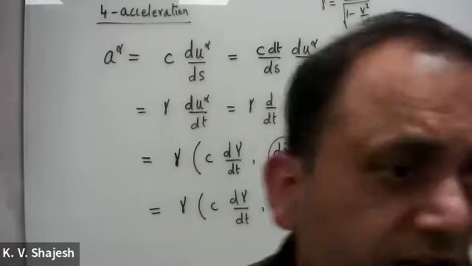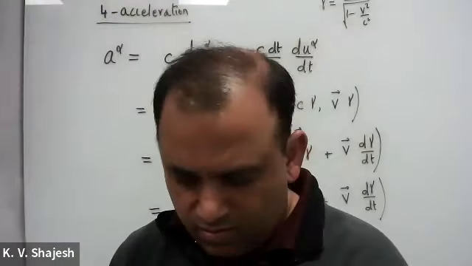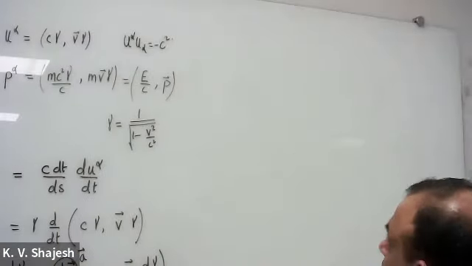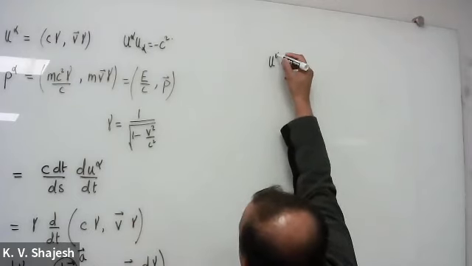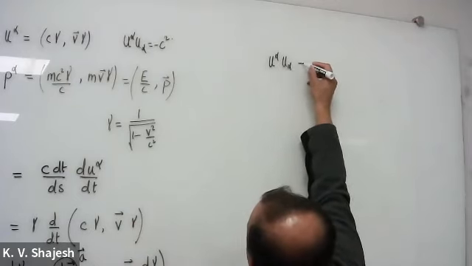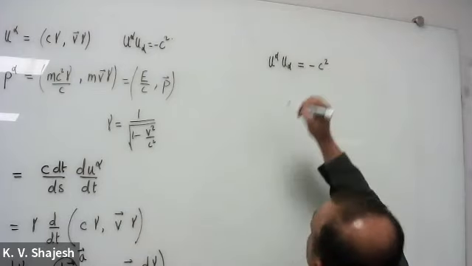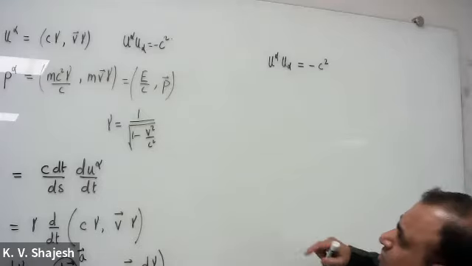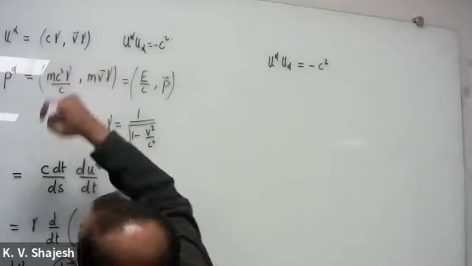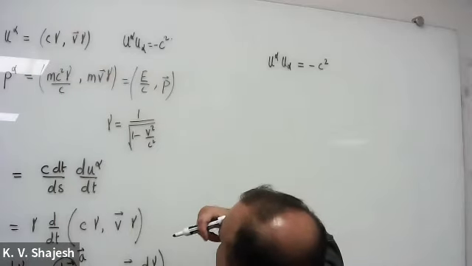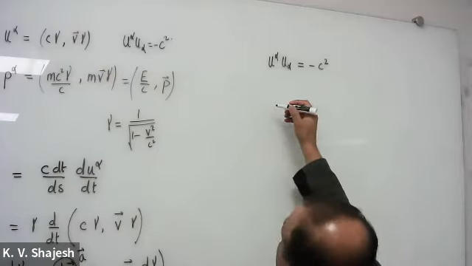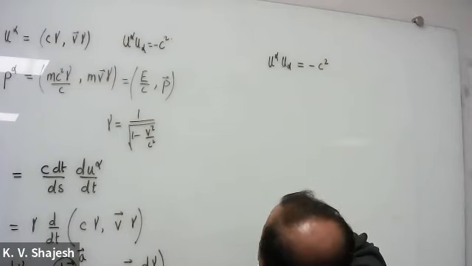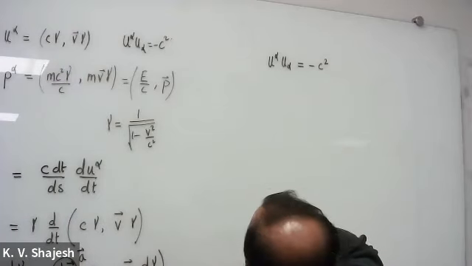Any questions as such? So u alpha u alpha is equal to minus c squared. U alpha is c times gamma, v times gamma. Let's not replace that at this stage.